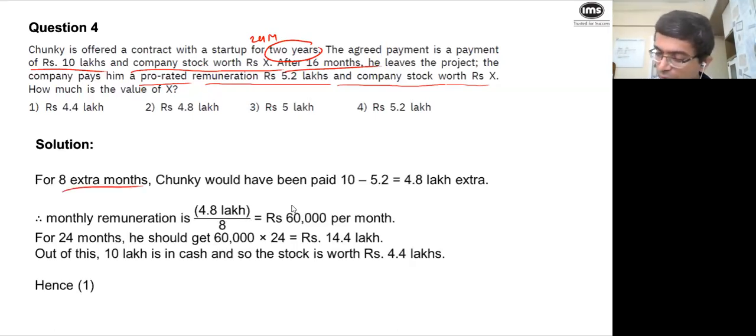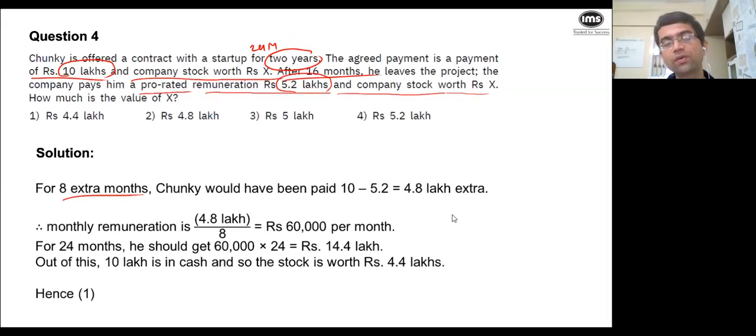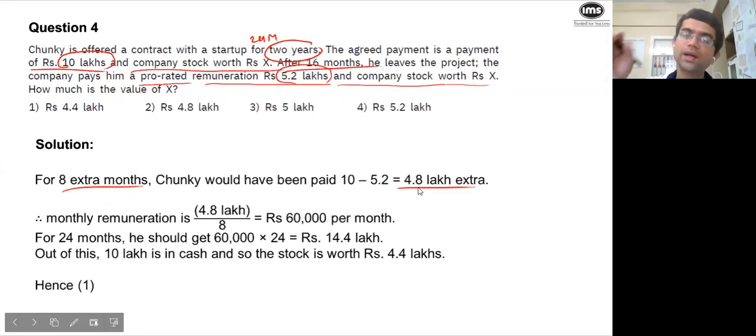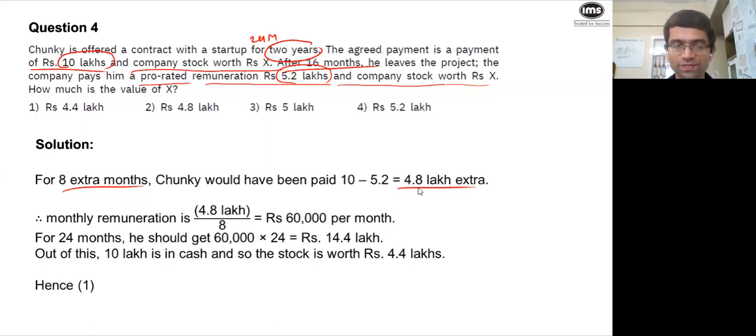For extra 8 months, how much extra would Chunky have earned? Out of 10 lakhs, he was paid only 5.2 lakhs. That means he would have earned 4.8 lakhs extra if he had fulfilled the commitment of 24 months.